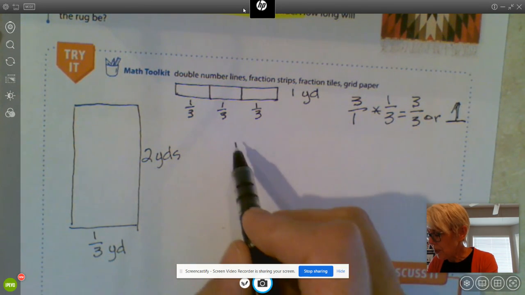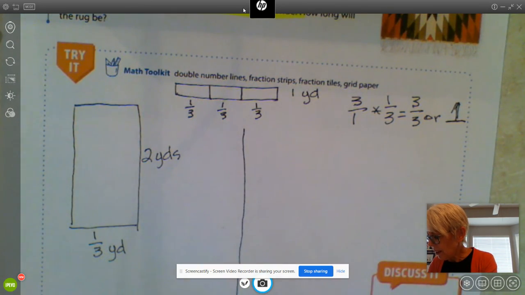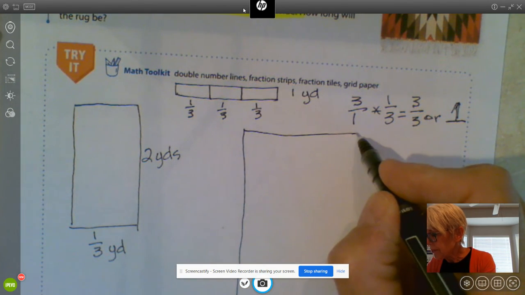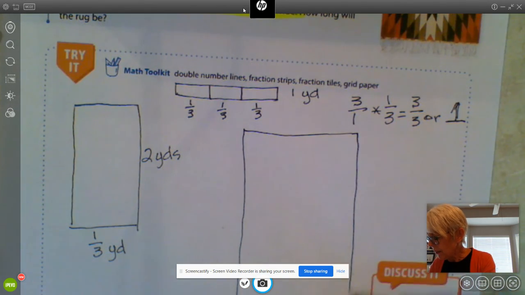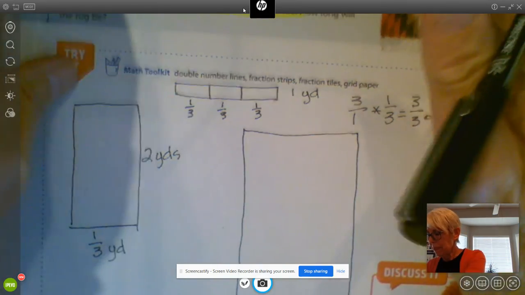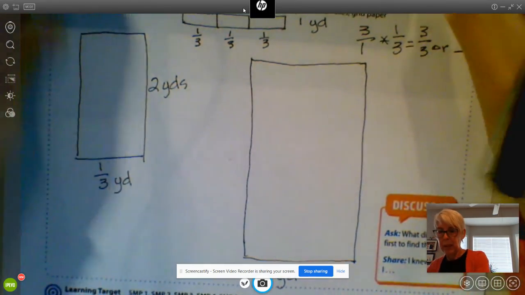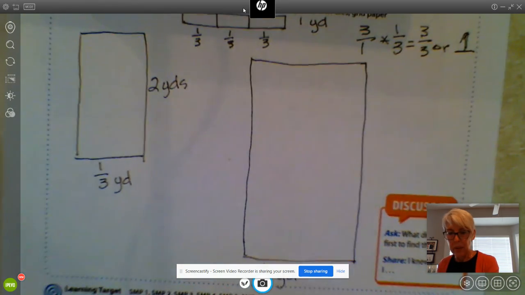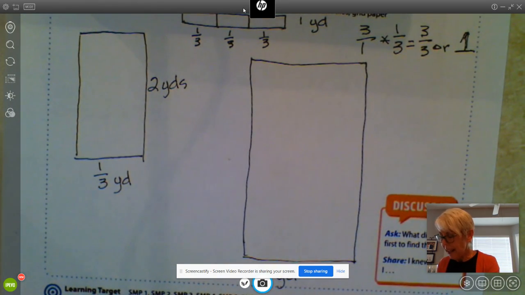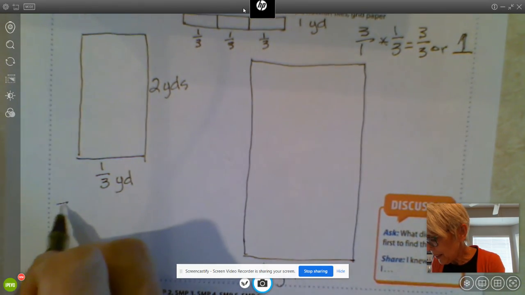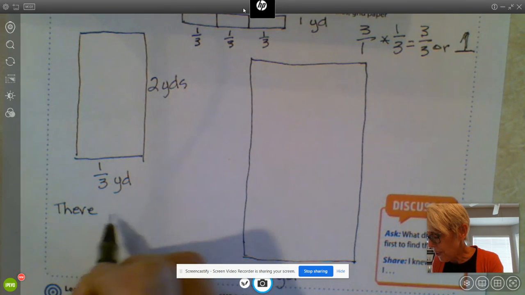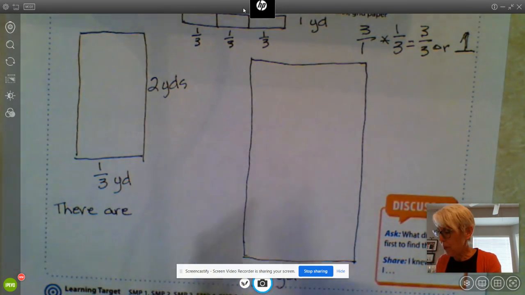So what we're going to be doing is creating a larger rug. Grace wants a bigger rug. This rug, she wants to be 1 yard wide. Put that way at the bottom. So this rug is 1 yard wide, and I know that there are 3 1/3 in a yard because we drew them up there.